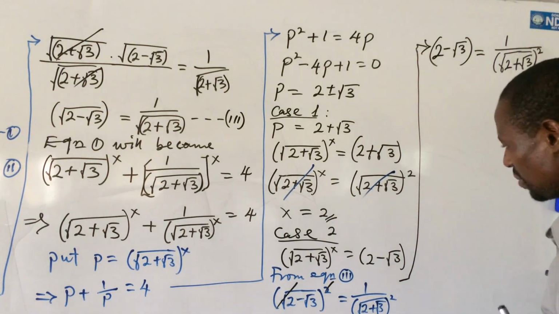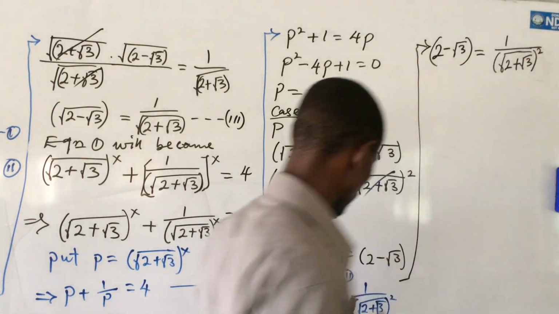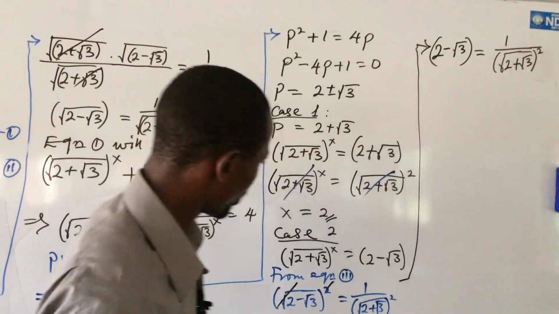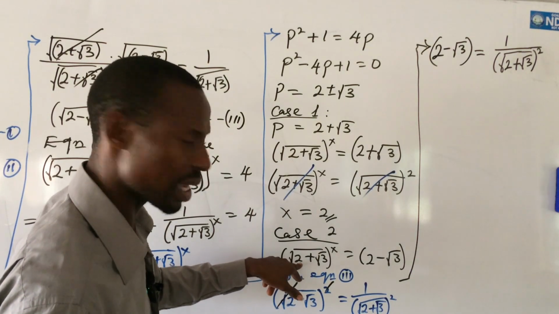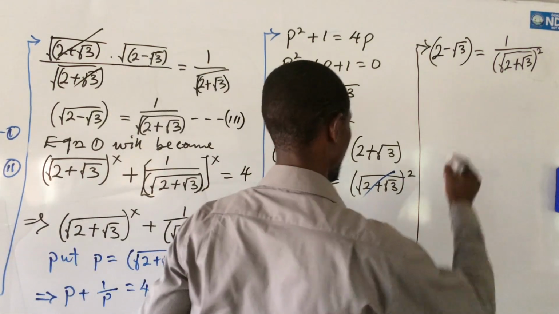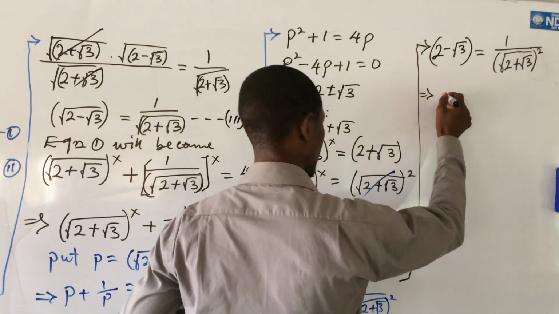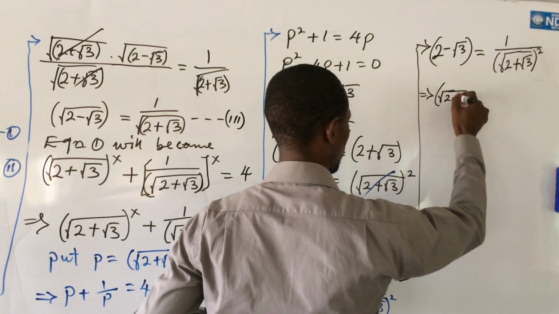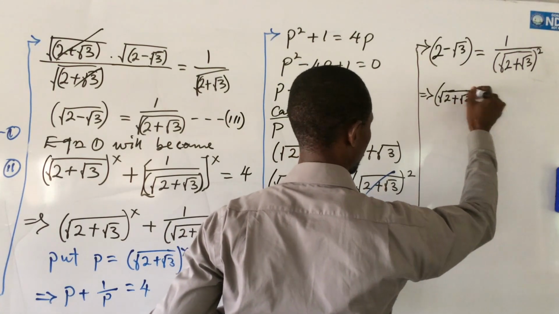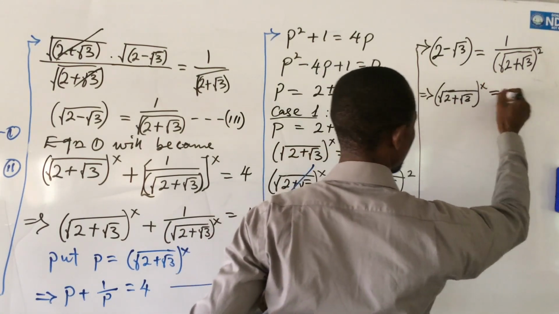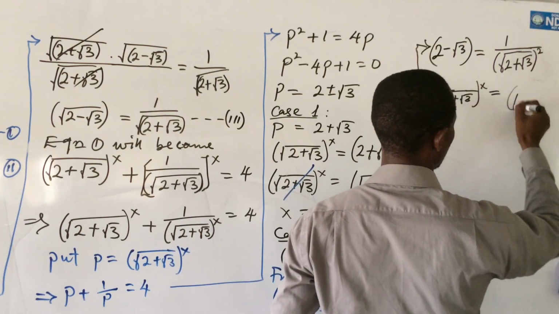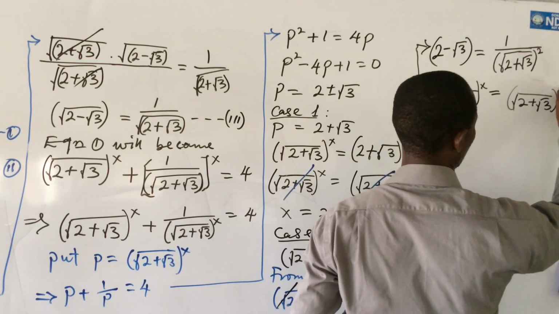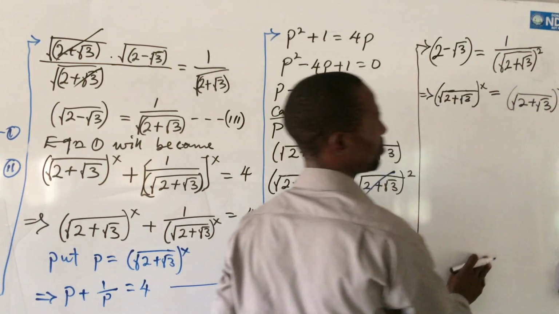So the game is already playing out now. When we look at this, we are now having this equal to this, so we can now come to this relationship here. Therefore, which now implies that the square root of 2 plus square root of 3 all to the power of x is the same thing as bracket square root of 2 plus root 3 all to the power of minus 2.